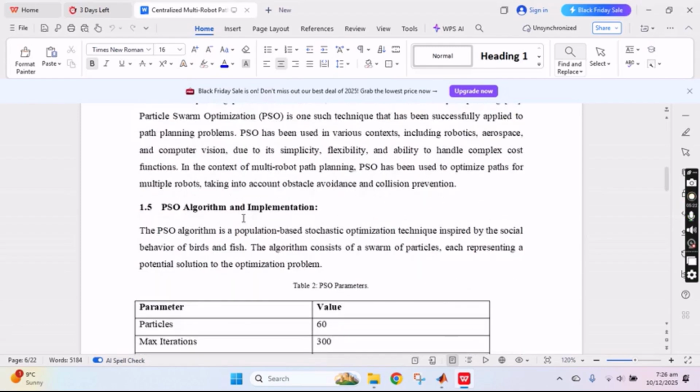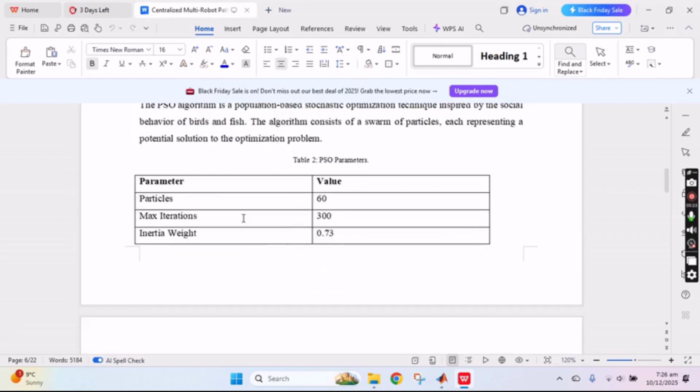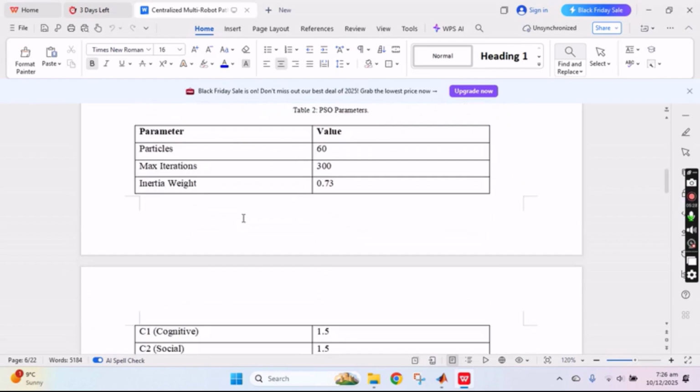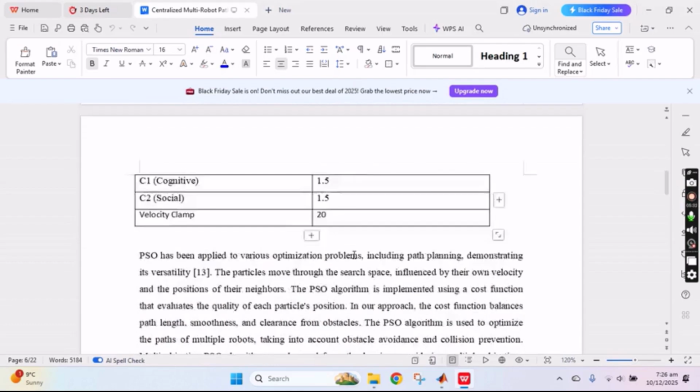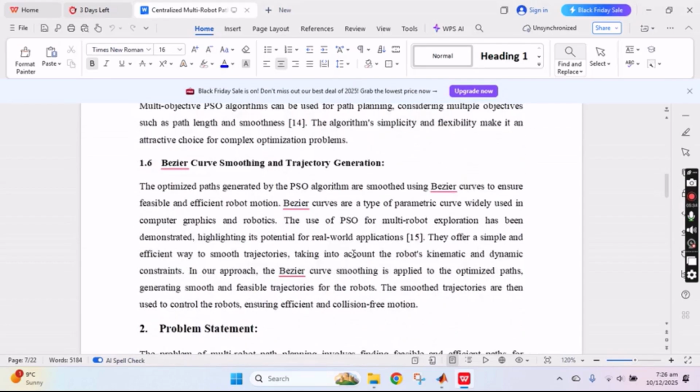Okay, so here are the PSO parameters, like 60 particles, max iterations 300, and everything is considered in this table. Bézier curve is basically for smoothing and trajectory generation. The Bézier curve is used to ensure that the robot motion is feasible and efficient.